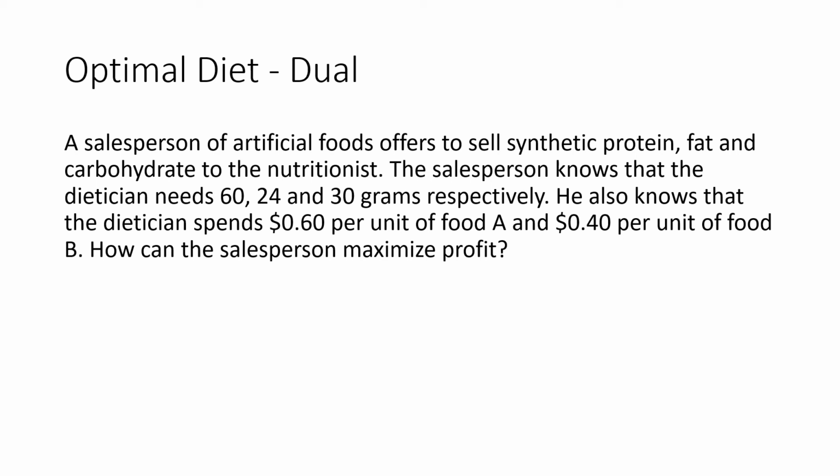What about the dual? So the dual is coming at the problem from a different way. It is saying that the previous one was trying to minimize costs. This one is trying to maximize profits. And when you know how much is the amount that's being spent on the different foods, you can say, how can you maximize the profit where you have the given requirements?